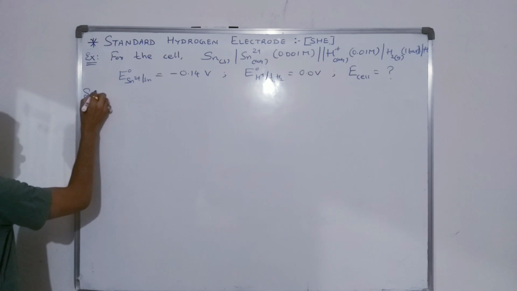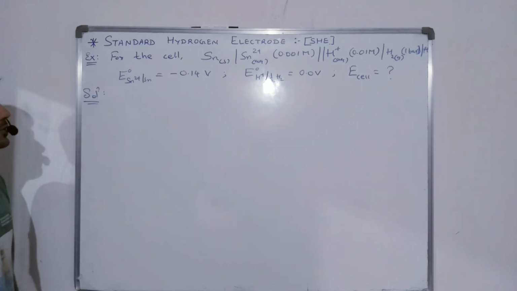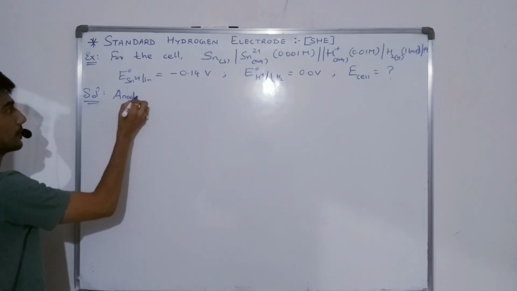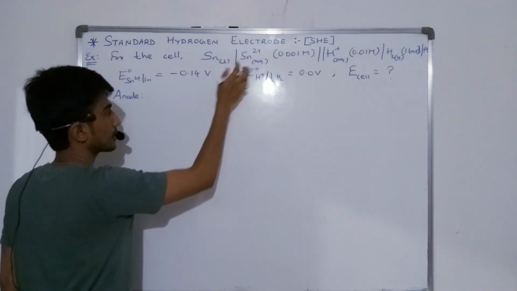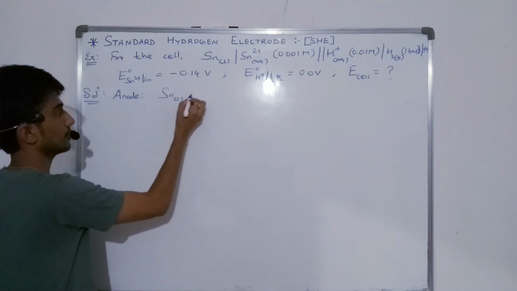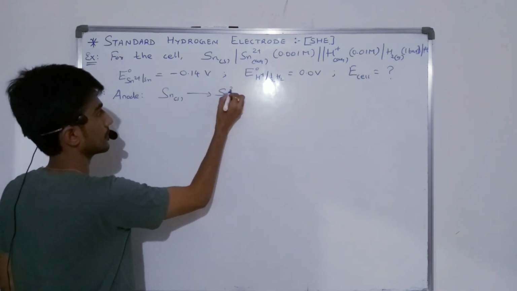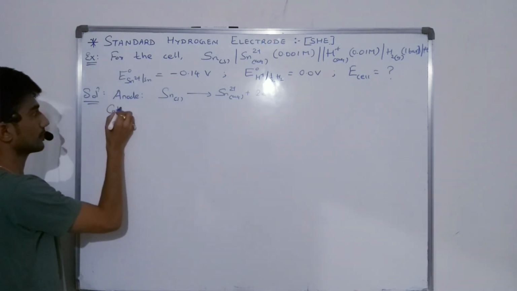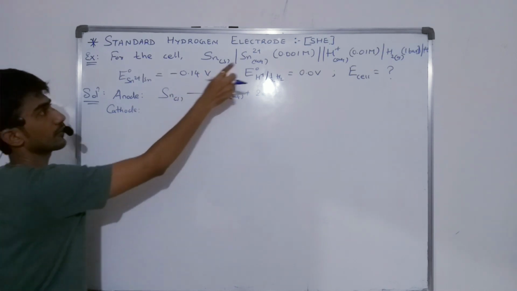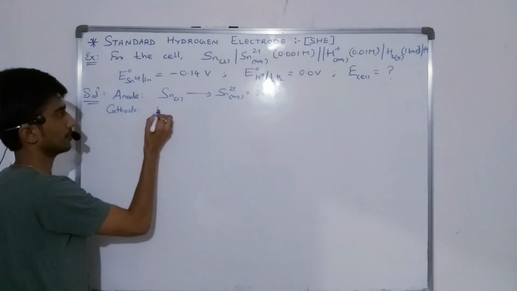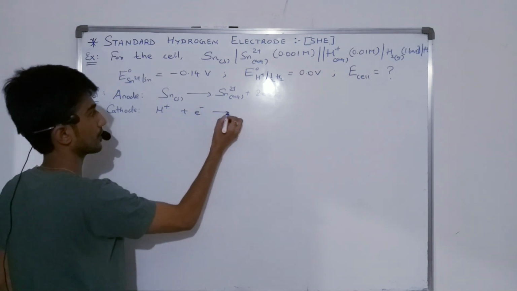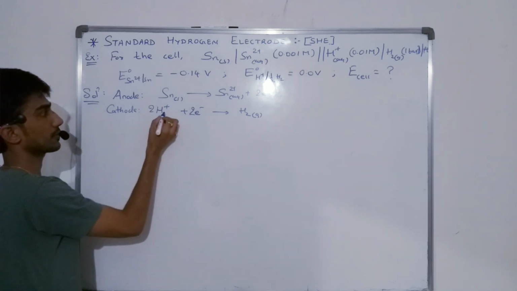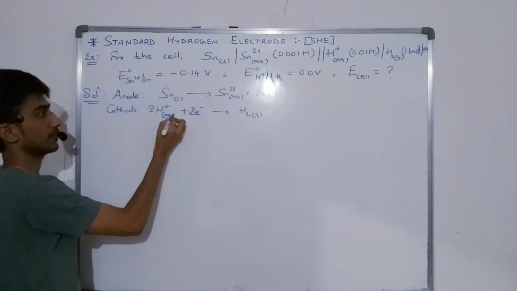Let us start. First of all, what we will do? We will write the cell reaction. At anode, Sn gives Sn2 positive by loss of electron. At cathode, from H plus, H2 is being formed by gaining electron, H2 gas. So let us balance it by adding 2 over here, aqueous.